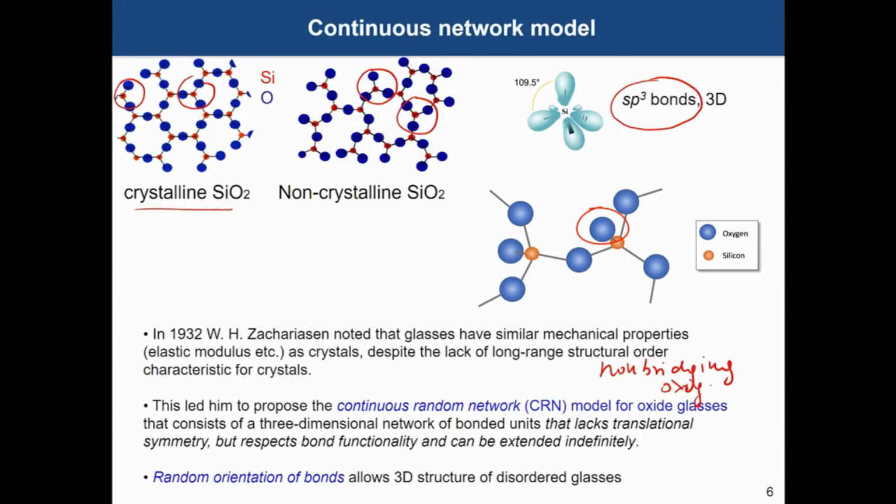So these are simply atoms that are connected to only one silicon atom. In a crystalline form, there would be another silicon atom to which this oxygen atom is bonded. But in these particular materials, this is a non-bridging oxygen atom.